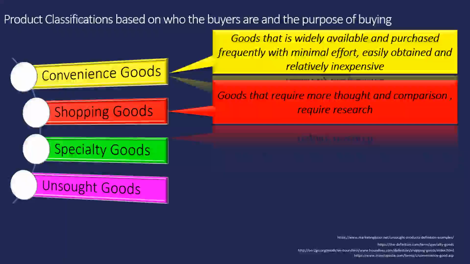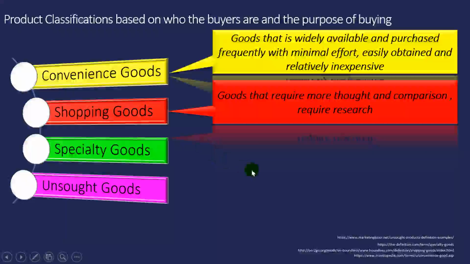So you will try to compare, and then you will do some research, or just a small research. Well, what kind of research? You will see the model, the specification, and also the price. Which one suits you better, you will choose that one. That is called shopping goods. So you need some more effort compared to the convenience goods.